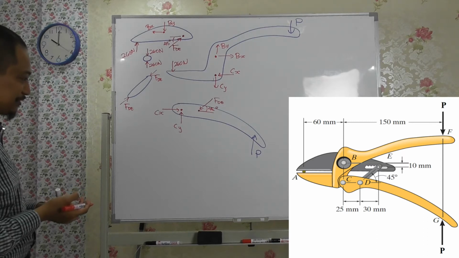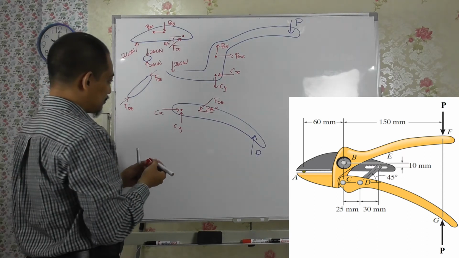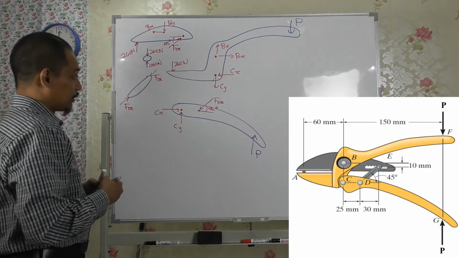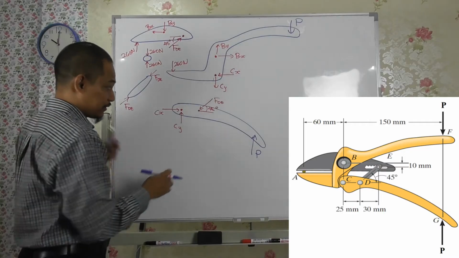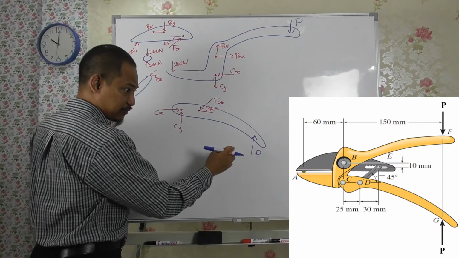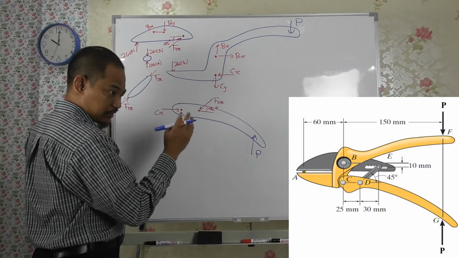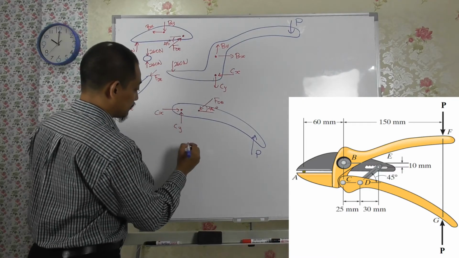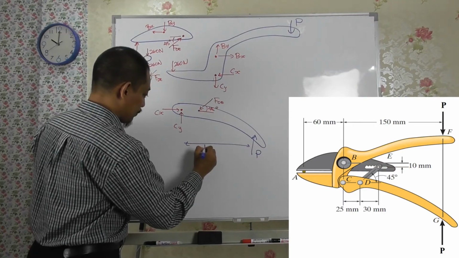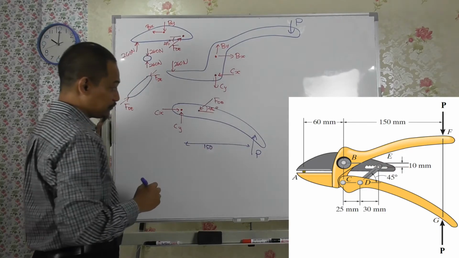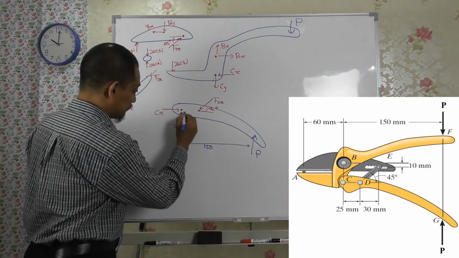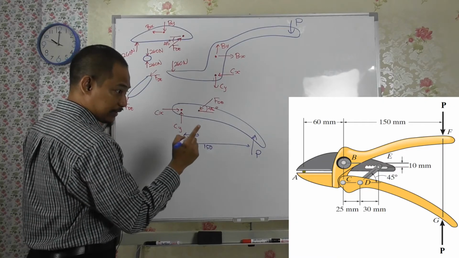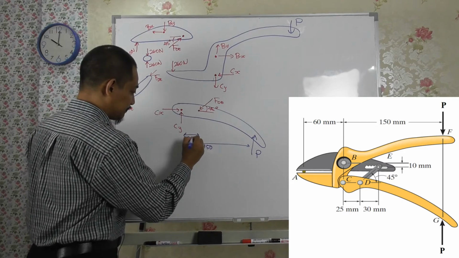Okay, what about all the dimensions? What color can I use? Maybe I'll use the blue one still. Okay, down here first. This whole length is 150, is it? From C to P is 150, right? So this whole thing is 150 millimeter. And this distance here is between D and C. This is 25.